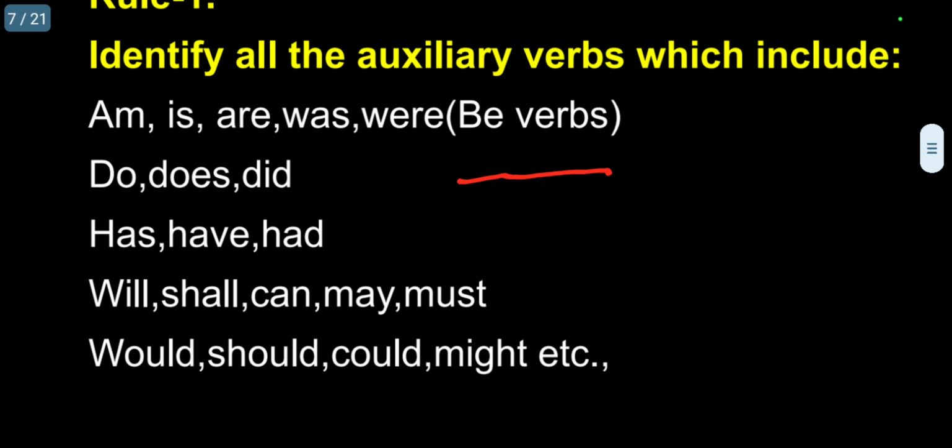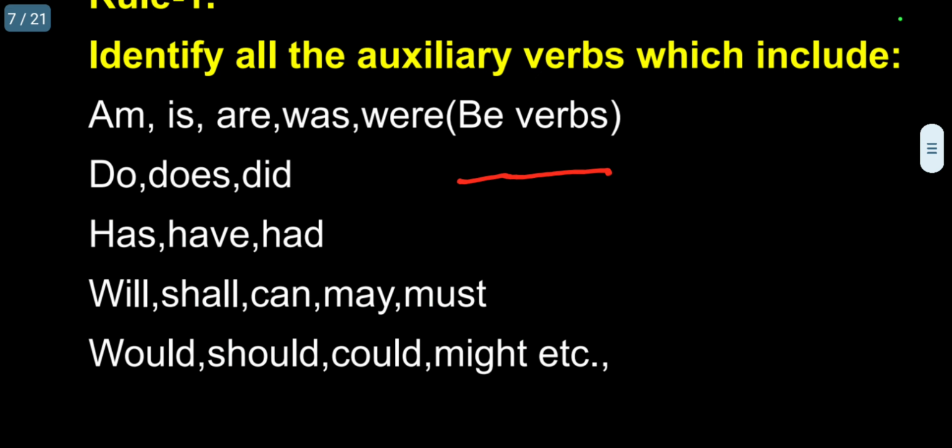Here, one interesting piece of information I want to give. Am is applicable only for I. Please memorize this. Am is applicable only for I. It does not come with any other noun or pronoun. It is only for I, singular.